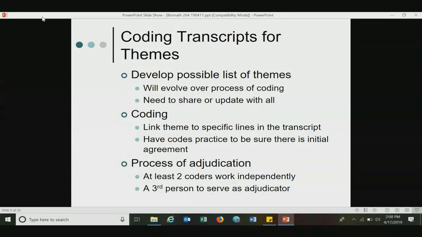So I would hear, why did you code it this way? Why did you code it that way? And then we would adjust the themes based on that conversation. So it allows you to make sure that you're getting some independently done observations, and then you adjudicate together. Does that make sense? Okay.